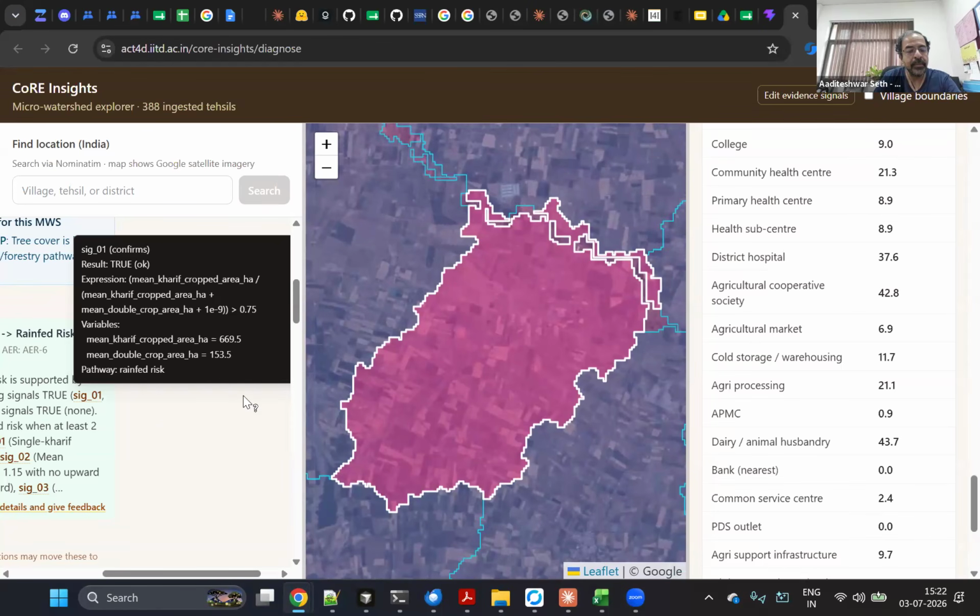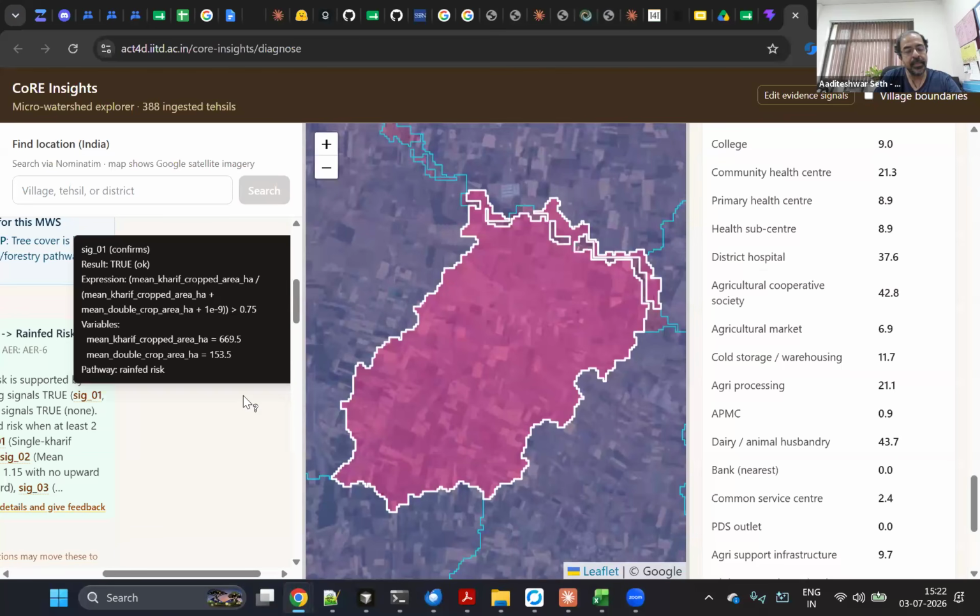Basically this is saying, of the cropped area, how much is cropped during only Kharif, single cropping, not double cropping. So if more than 75% of the area is mostly single cropped in Kharif, and double crop is very less.